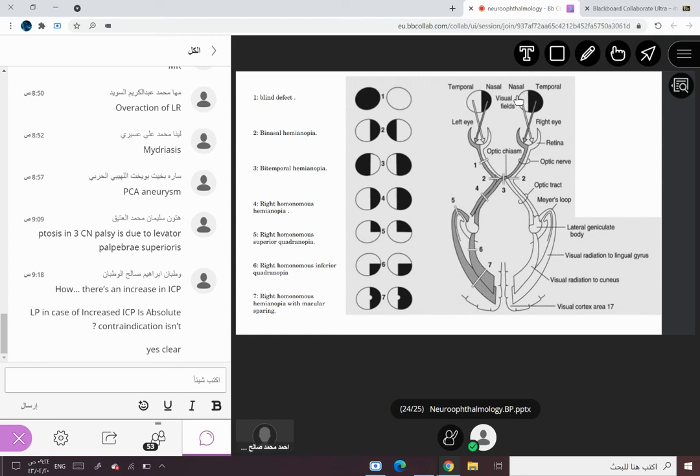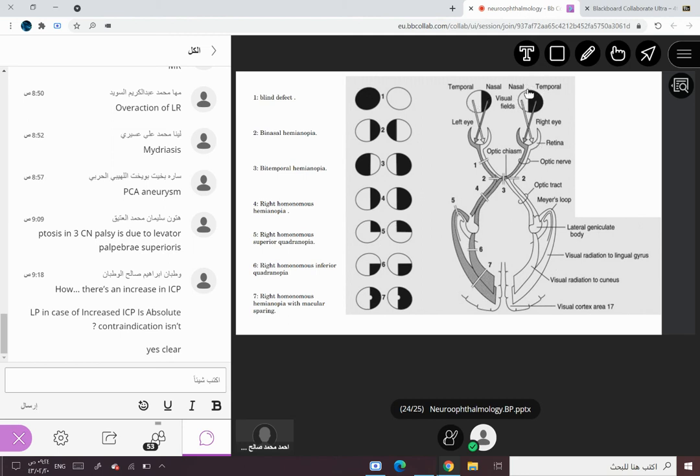Same example: here we have this object, this part will fall on the right nasal, and this part coming from the other side will fall on the right temporal.